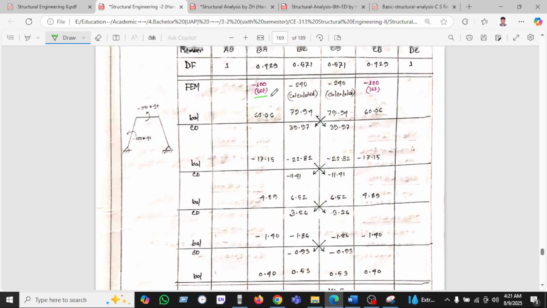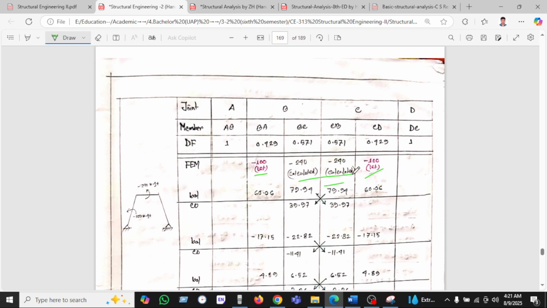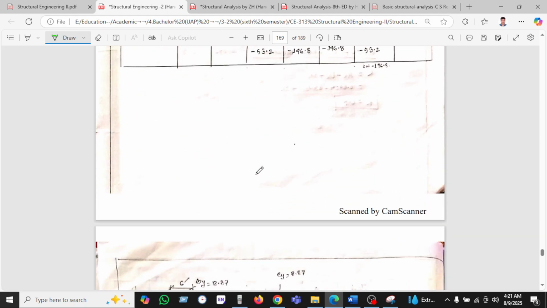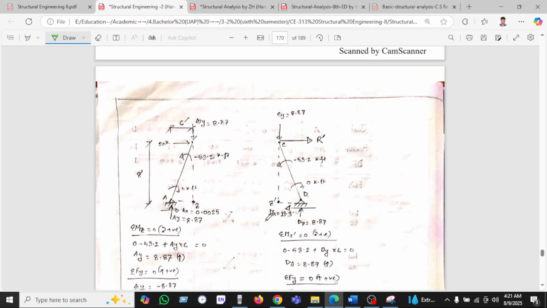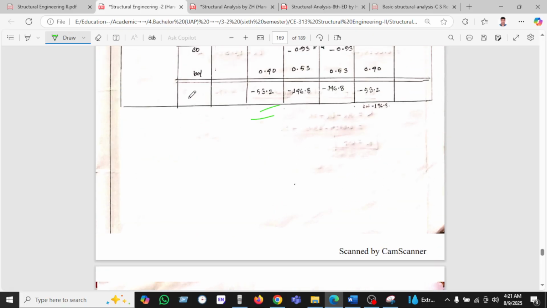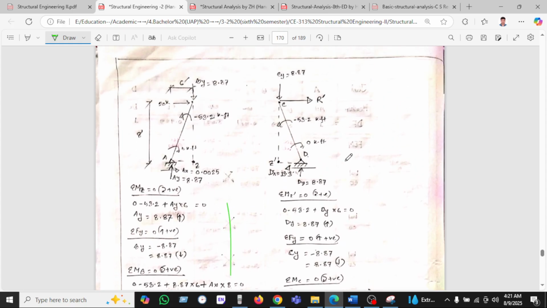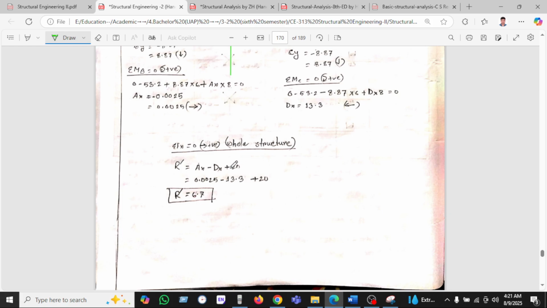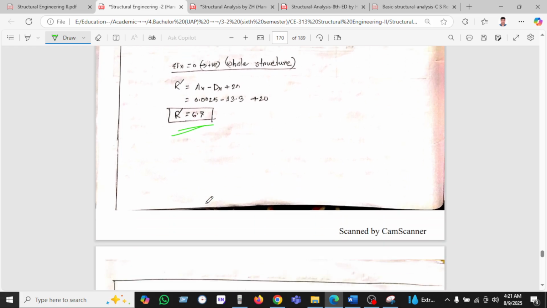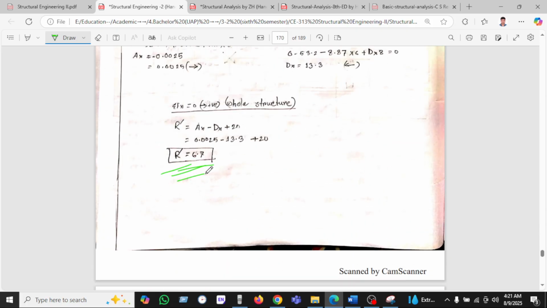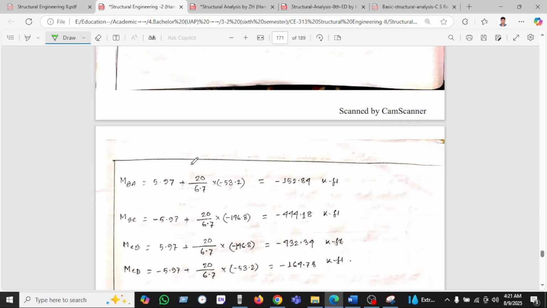So this is the assumed, and this is the calculated, and finally the moment we've found as the summation of M, all this, and finding this moment diagram, and calculating all these things, and we can finally form R prime. And if we go to the R prime, then we can use here R minus R prime into moment, and putting all this data and finding the moment here.